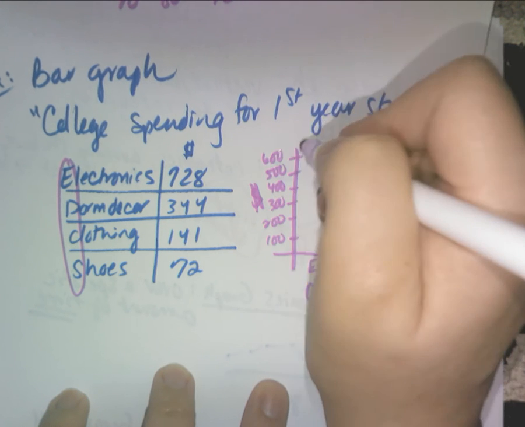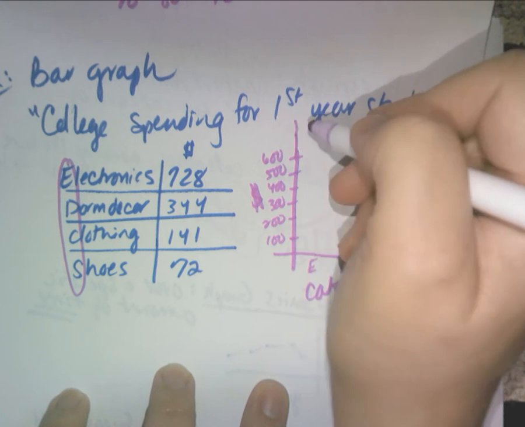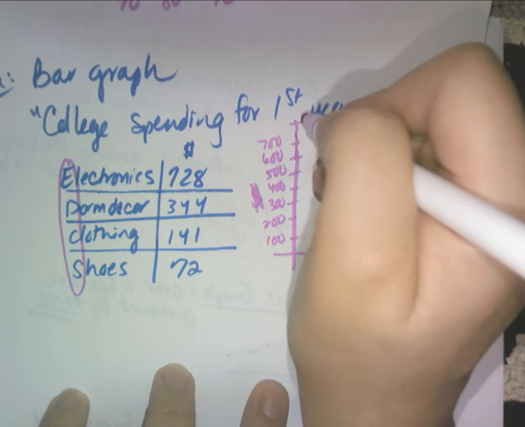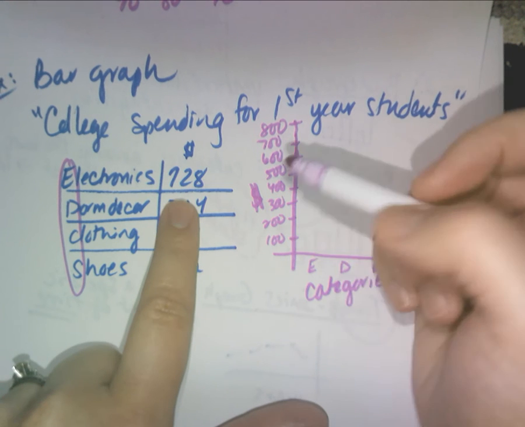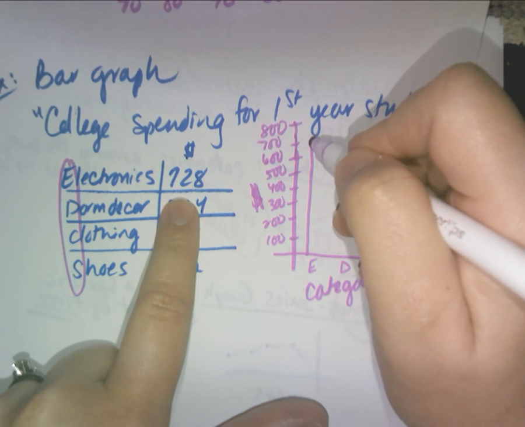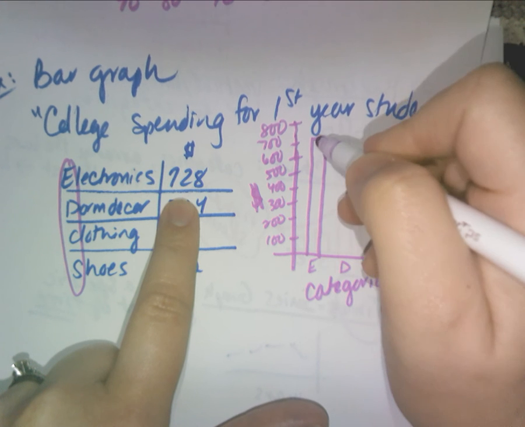Yeah, because I knew I'd run out of space. 700 and 800. Okay. And then you make a bar for 728, just slightly over 700.